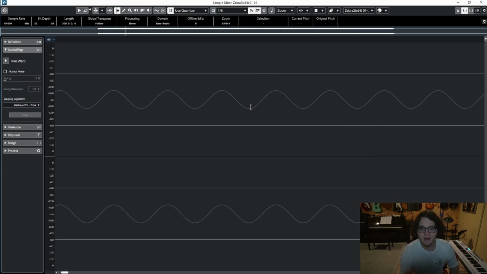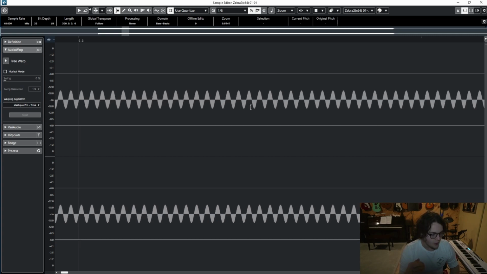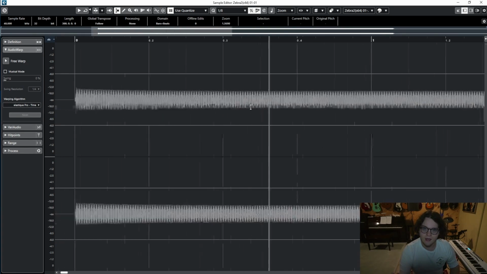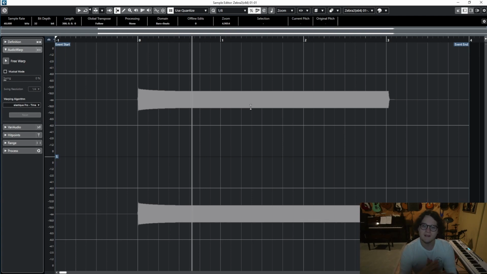So if we zoom out now of this wave, we can see it's starting to look like a waveform. And we can actually see the volume of this wave. We can see up the top, it starts a little bit louder and goes down and becomes the same volume. You can see in the middle, the waveform becomes the same volume and doesn't change at all.